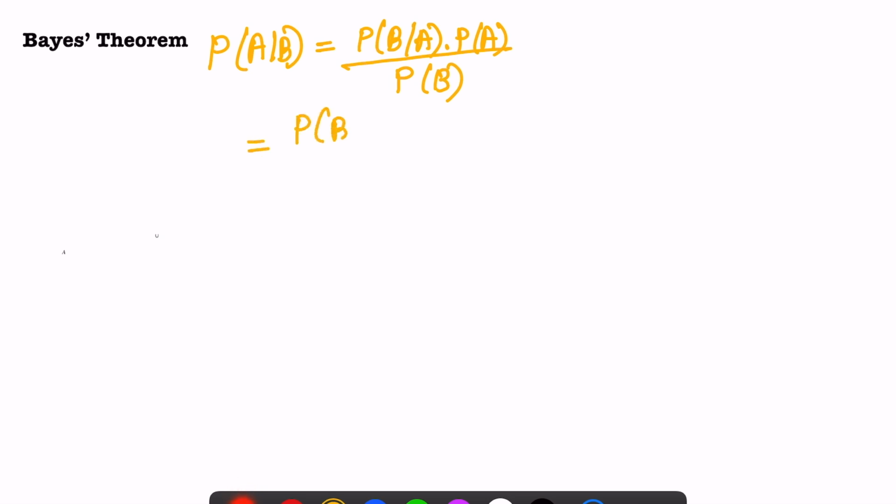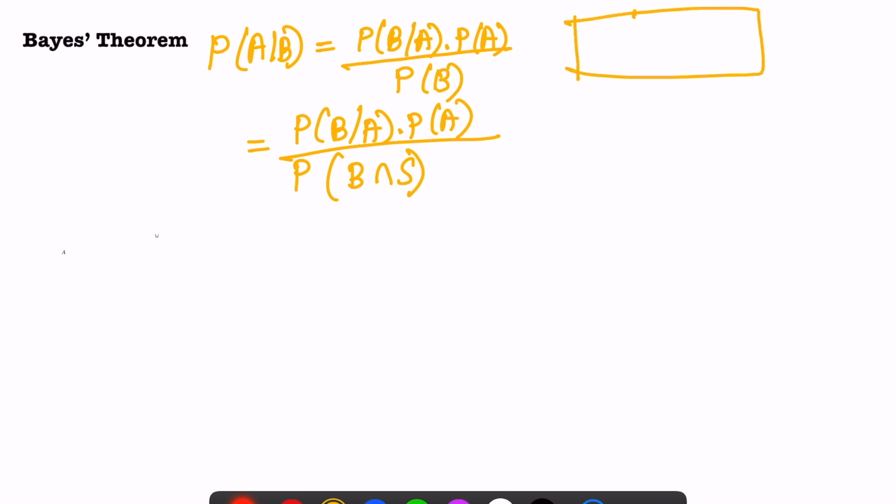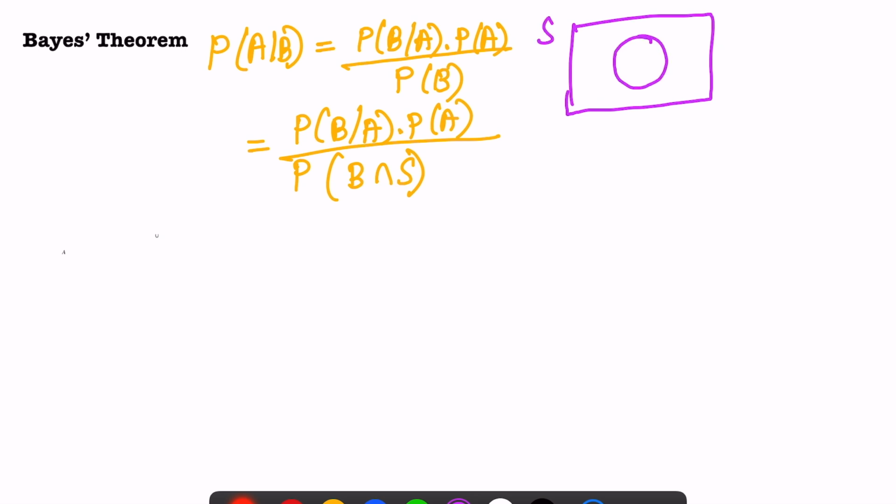So this we can write as probability of B intersection sample space, right? So if this is the sample space, let's say this is the sample space and this is B, right? So B intersection sample space is B basically, right? This part. So we can write this.